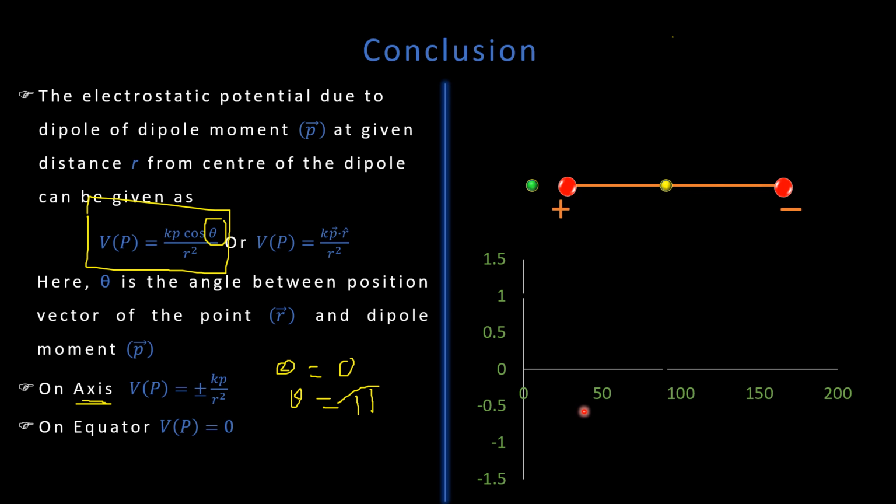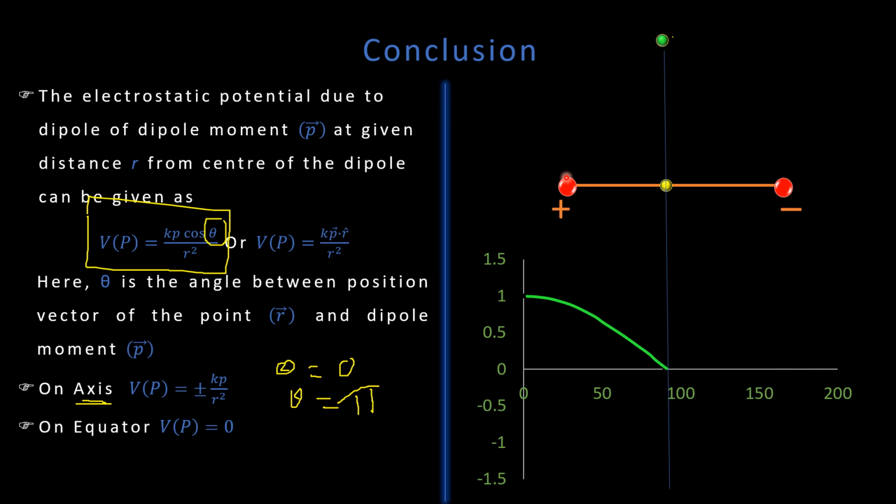The horizontal axis is 50 degree, 100 degree, 150 degree and 200 degree, and this is where we have our 90 degree. As this point moves from the axis to the bisector, how does the potential vary? Potential reduces slightly, and when the point is on the bisector, potential will be 0.